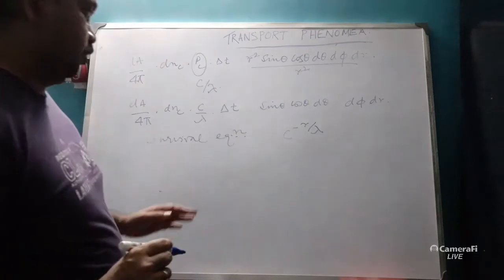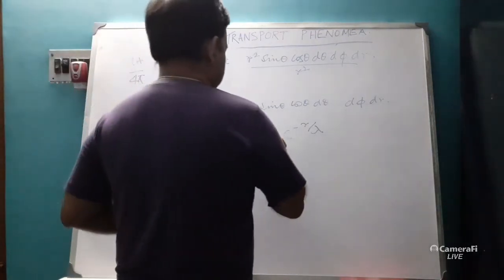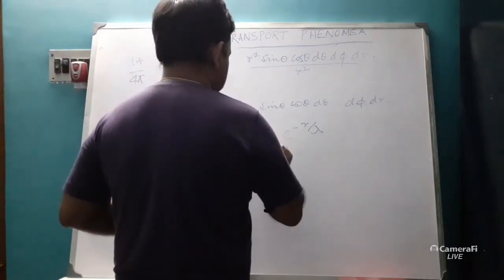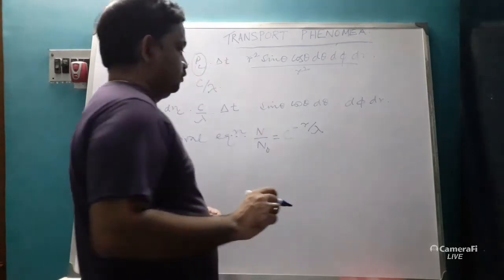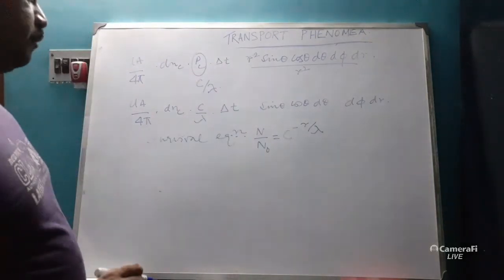This is the ratio, that means N by N0 is equal to e to the power minus r by lambda.